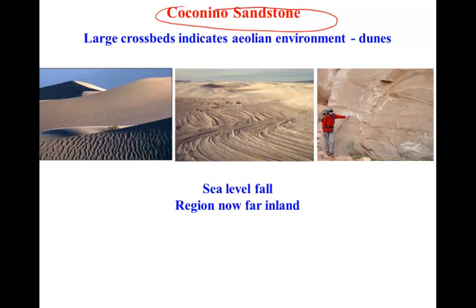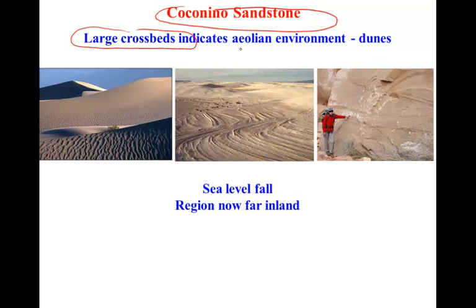Coconino Sandstone is a little bit different than the Tapeats Sandstone, farther down and older, because it has large crossbeds that are on the order of meters in size. Those large crossbeds indicate sand deposited as dunes.